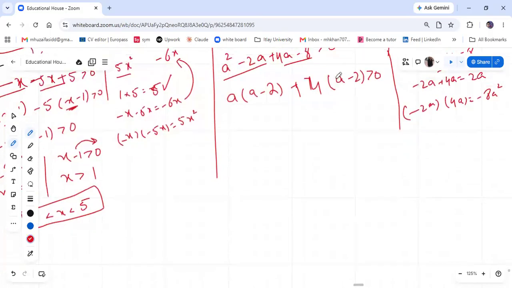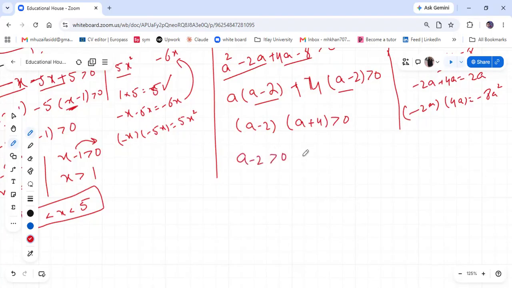Got it? Yes, sir. So from this one, a minus 2 is common. So our a plus 4 is greater than 0. So a minus 2 is greater than 0, and a plus 4 is greater than 0.